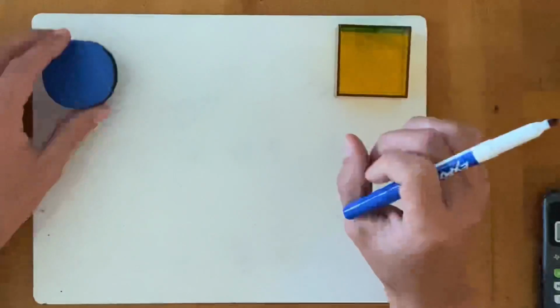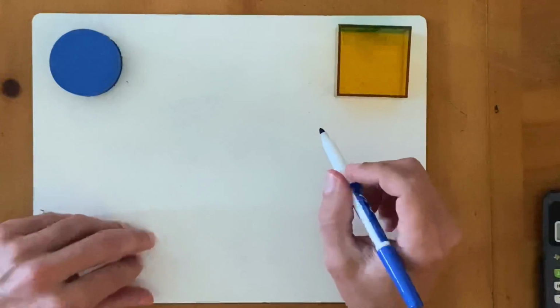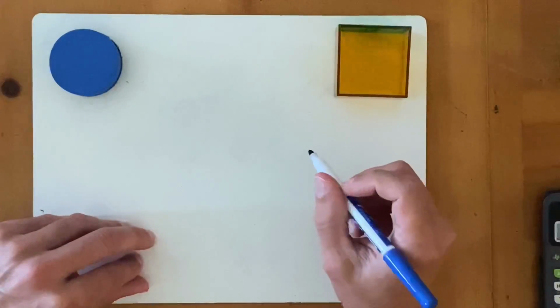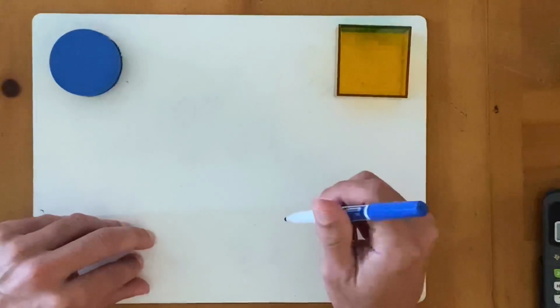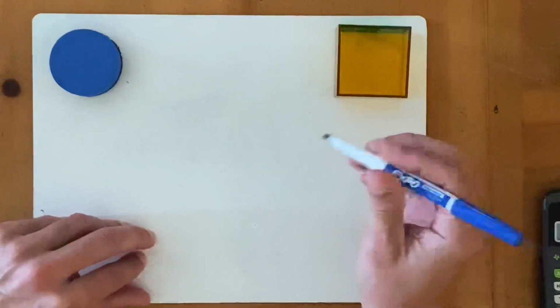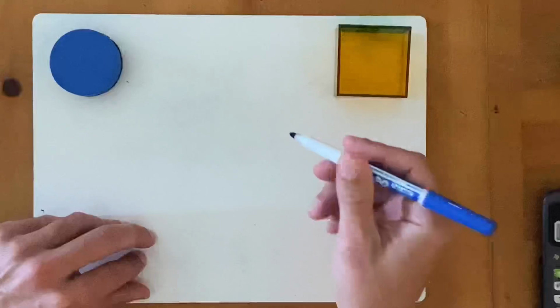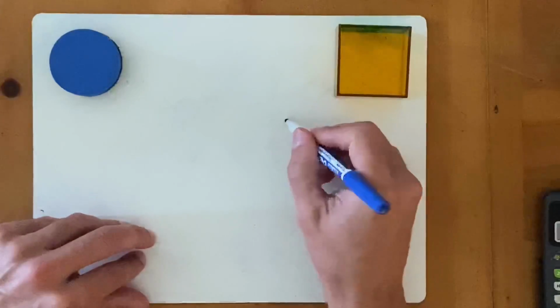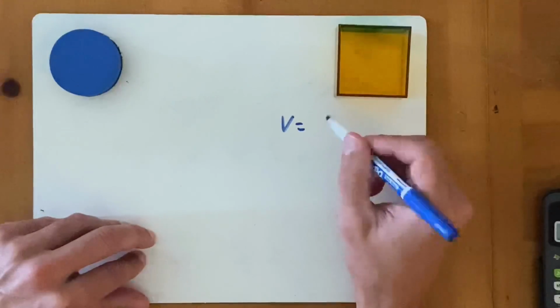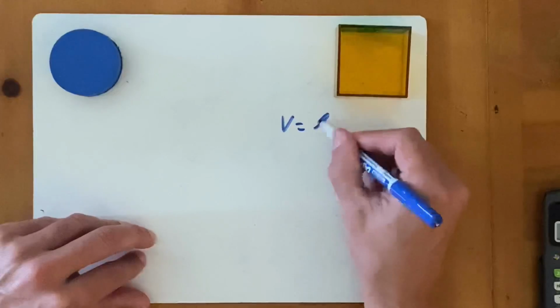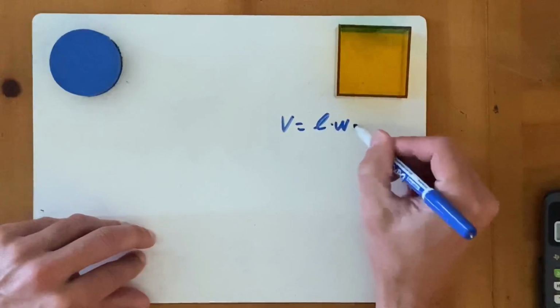We'll do the rectangular prism first. It gives us a height of 6, a length of 14, and a width of 12. That's an easy one. Remember, volume for a rectangular prism is area of the base, which is length times width, and then times the height.